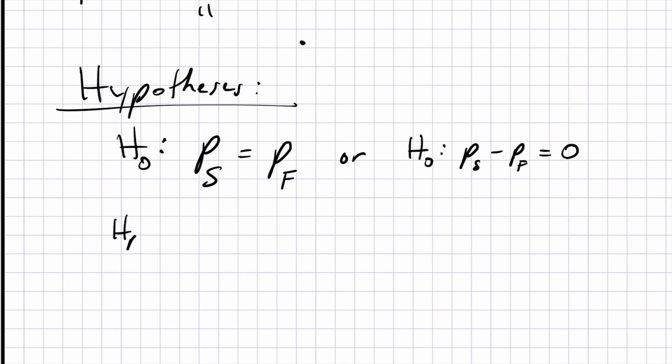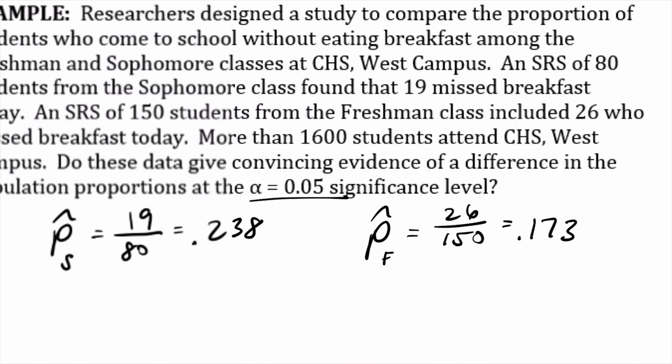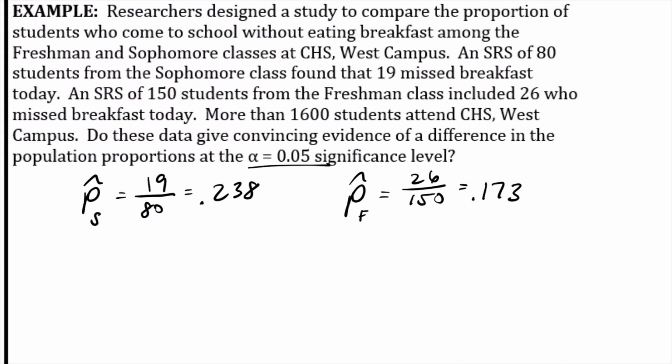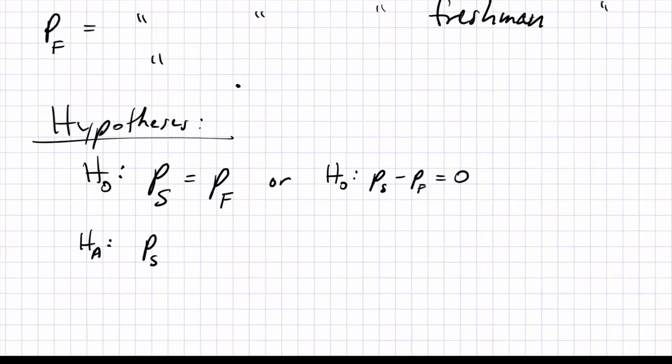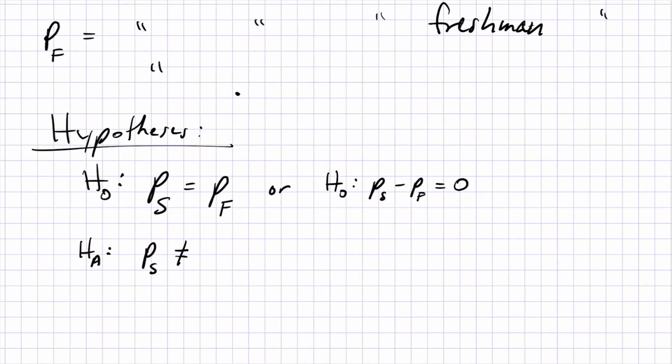Okay, so our alternative hypothesis. Let's go back. Is there any wording? Do these data give convincing evidence of a difference? Just different, so it doesn't say greater than or less than. So we would say not equal to.